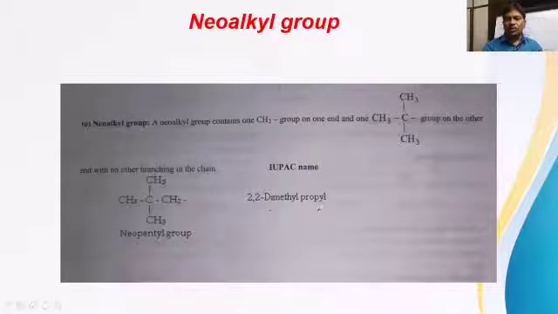Propyl group. In this propyl group, on the second carbon, two methyl groups are attached. So we have to say 2,2 dimethyl propyl. 2,2 dimethyl propyl is the IUPAC name, whereas the common name is called here neopentyl group.